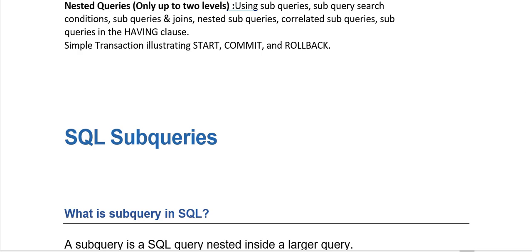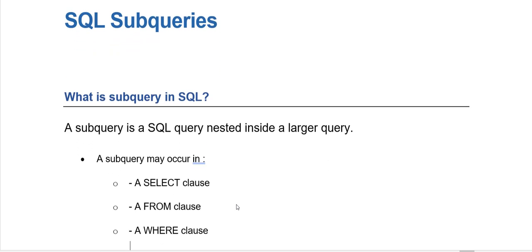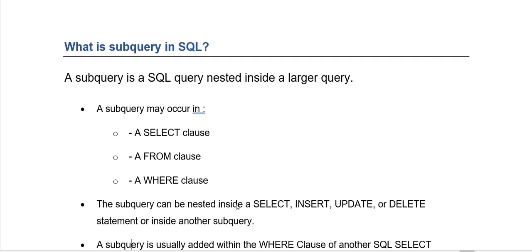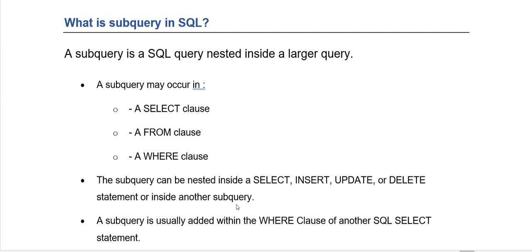So basically speaking, when you talk about subqueries, what is actually a subquery? As you can see, a subquery is an SQL query nested inside a larger query. A subquery may occur in the select clause, from clause, or the where clause.